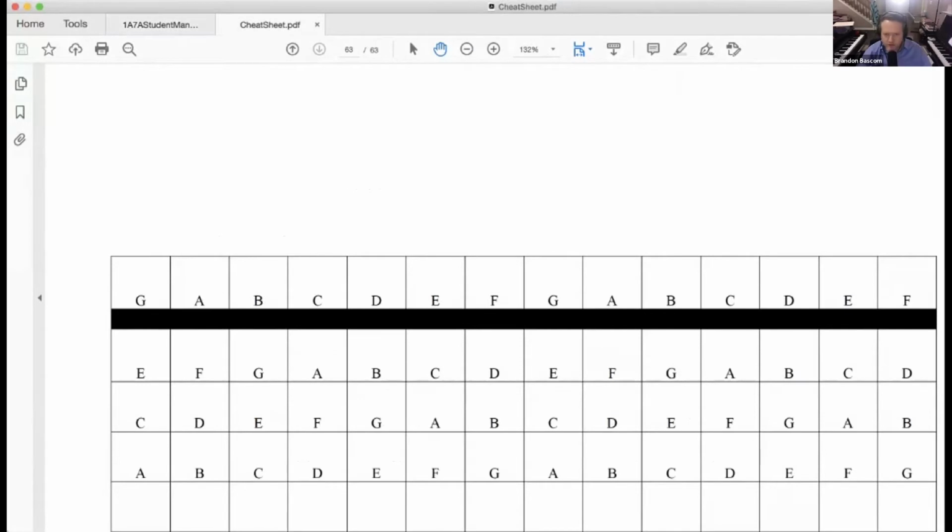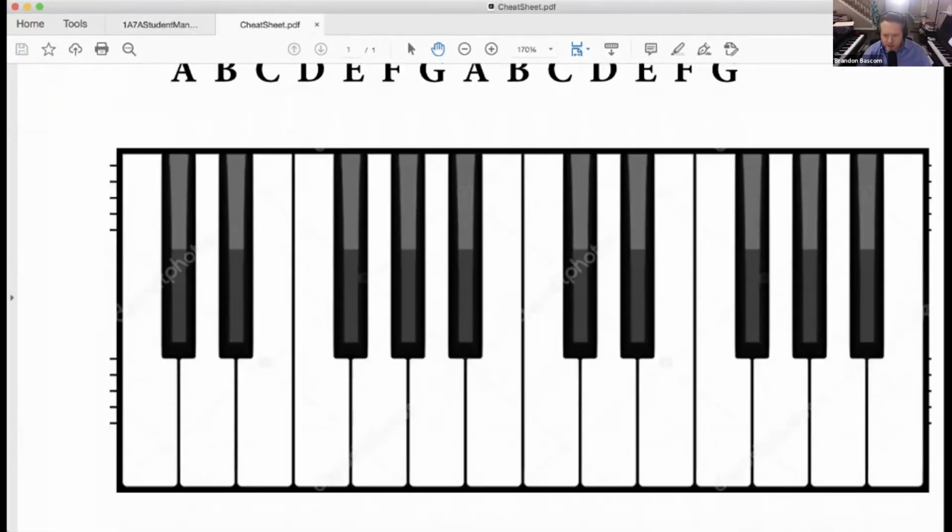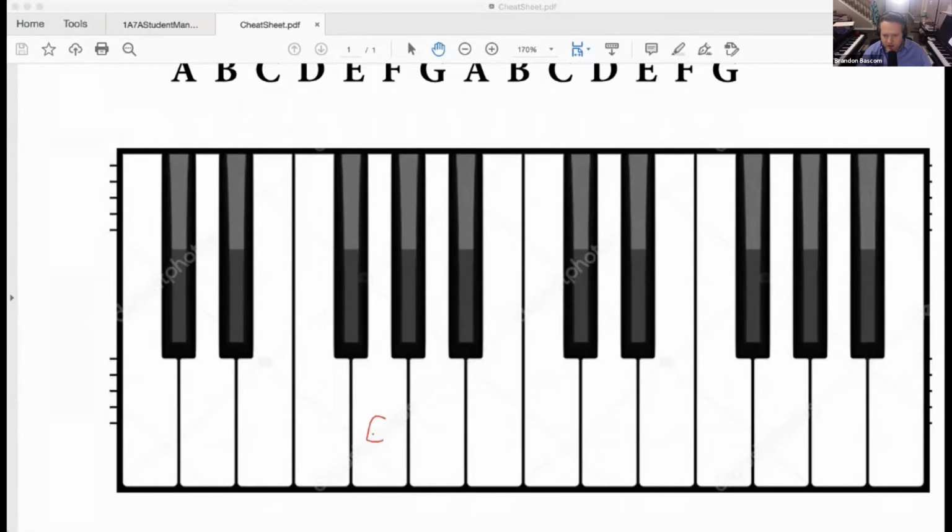Over here on my cheat sheet, if my note is G and I move down a second, I get F. But if I move up a seventh, I also get an F. So second or seventh equals 9. If I move down a third, I get an E. If I move up a sixth, I get an E. 6 plus 3 equals 9.